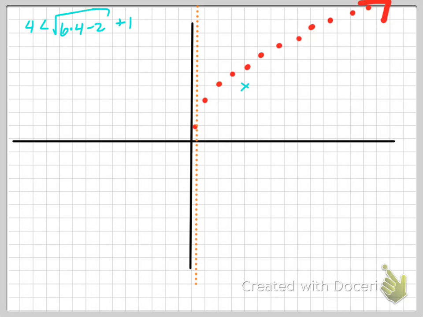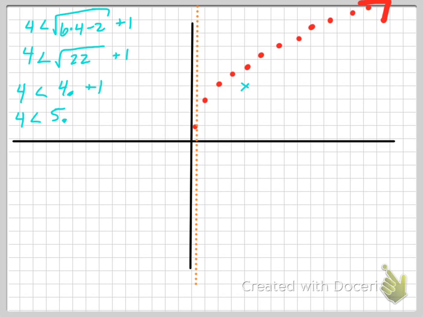When you put in 4, 4 into the inequality, you get 4 is less than the square root of 6 times 4 minus 2, and then that plus 1 on the outside. 6 times 4 is 24, minus 2 is 22. Square root of 22 is 4 point something. And 4 point something plus 1 is 5 point something.